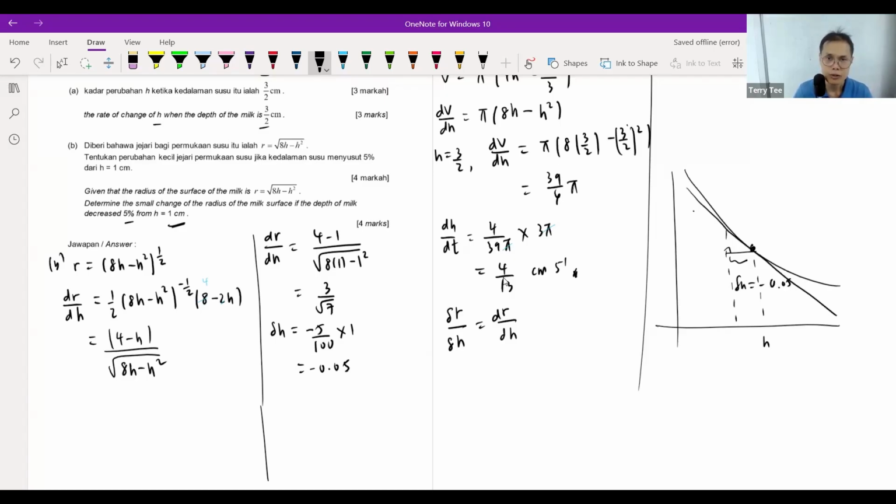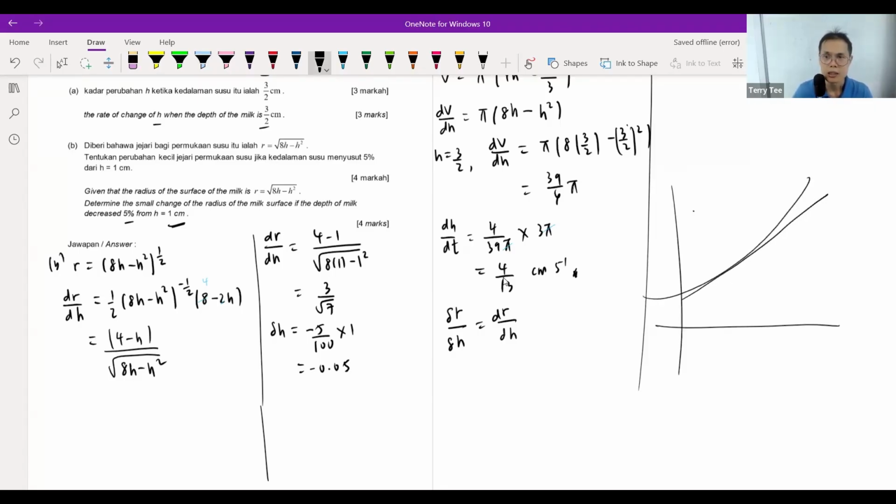So when your h reduces, your y can be increasing or can be reducing. Okay, maybe my diagram is not right. I should draw the diagram in this direction because the gradient is positive. So I draw like this, it's better. Initially h is 1. Your delta h is negative 0.05, so it reduces to 0.95.